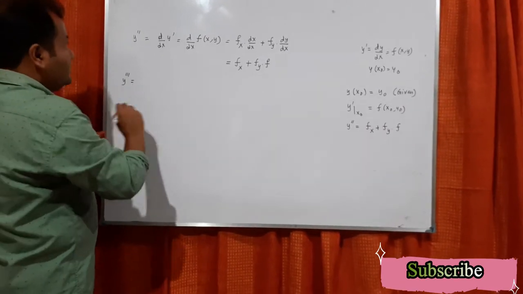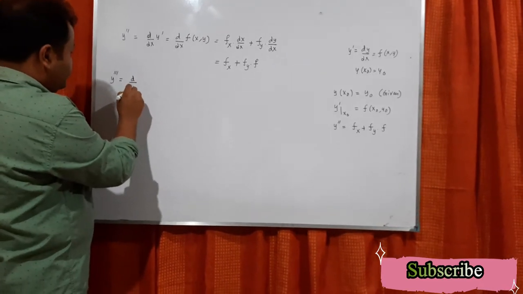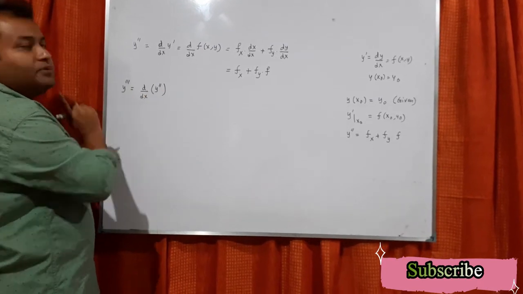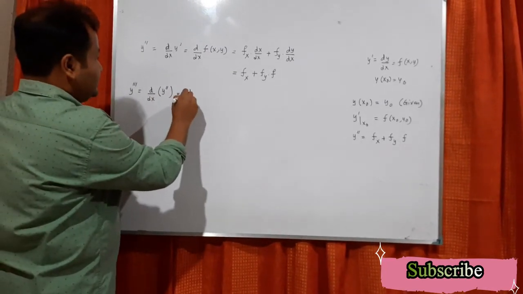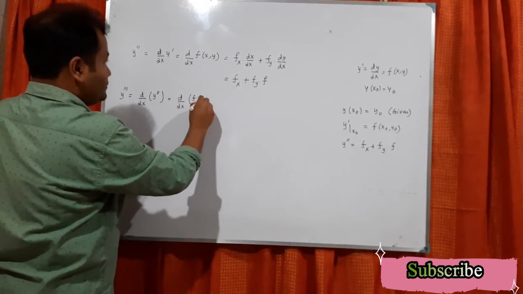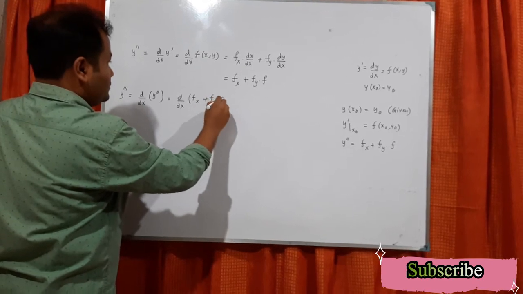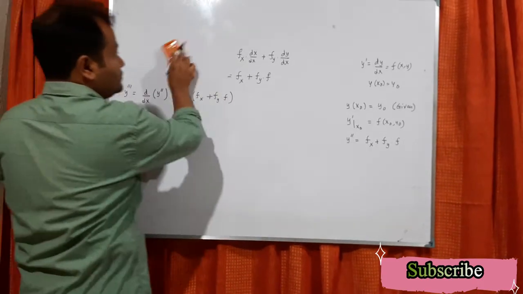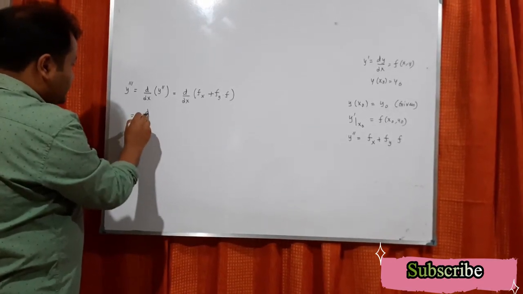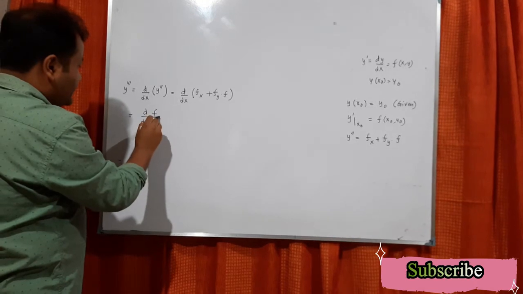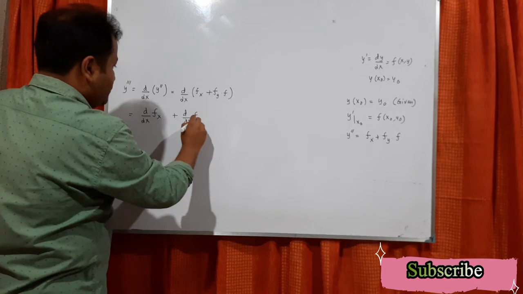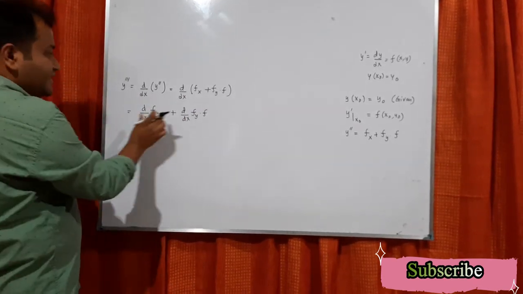That means it is d dx of y double dash, because if you take one more derivative you get the triple dash. So it is d dx of f_x plus d dx of f_y into f. I just separate this.